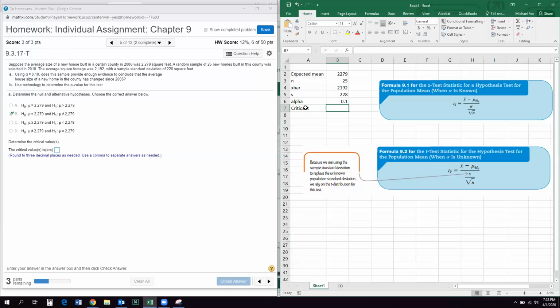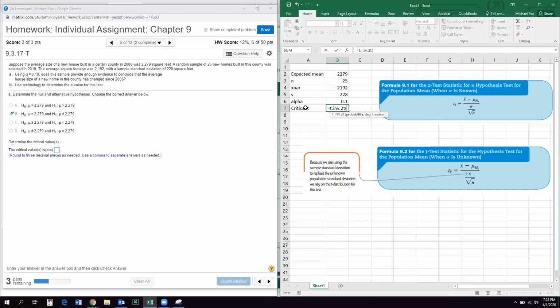So our critical t is going to equal T.INV.2T. 2T means it's two-tailed. I don't know why there isn't this option for normal that gives us the two-tailed, so we don't have to do all of the alpha divided by 2.